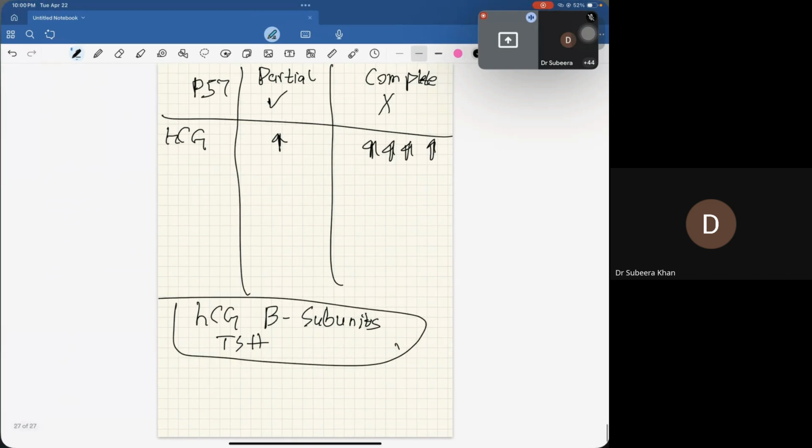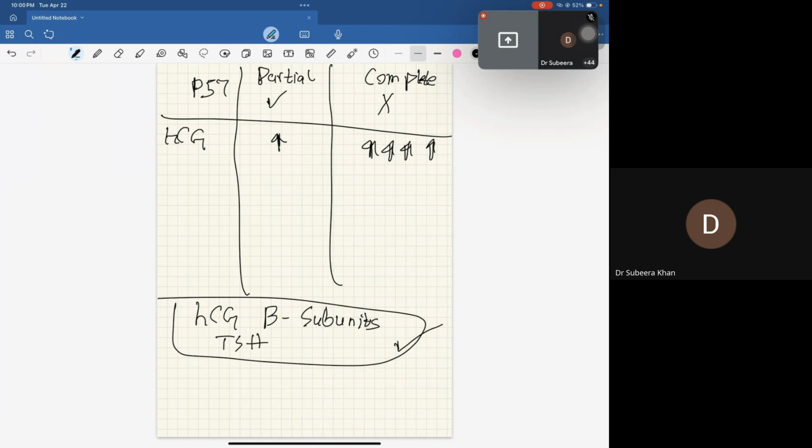Did you guys get this? Yes. Okay, so since the beta subunit of both of these is the same, HCG can produce the same symptoms as thyroid stimulating hormone.